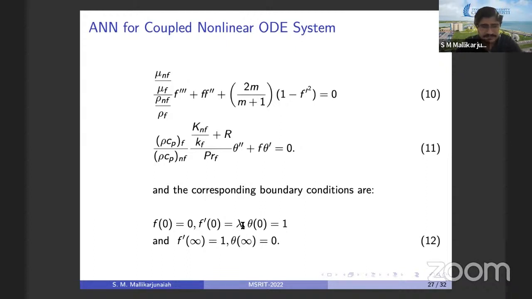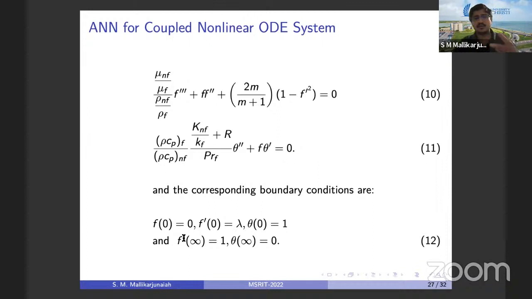And then you also need to impose f prime at infinity equal to 1. So you can choose infinity to mean a sufficiently large interval, maybe 0 to 30, maybe 0 to 50. So our goal is to solve 10 subject to the conditions f of 0 equal to 0, f prime 0 equal to a constant, and f prime at 30 equal to 1.